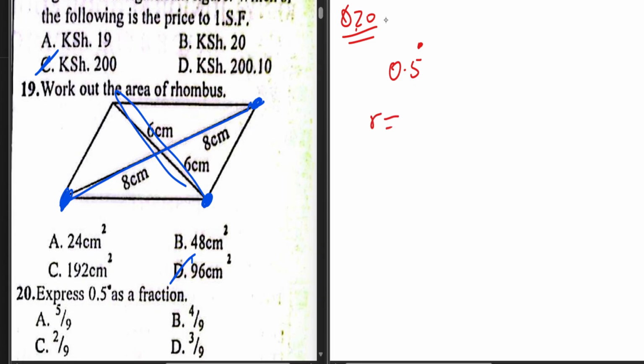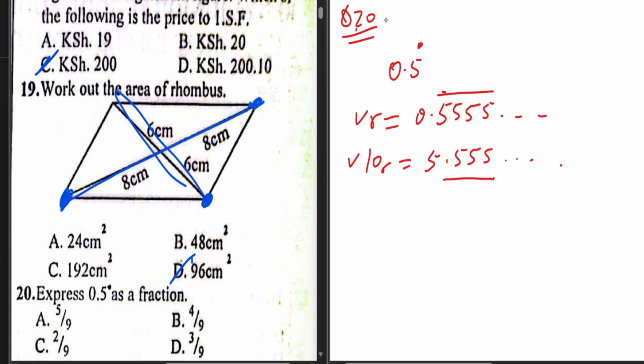So we say r to be 0.555 and continuing. Then therefore 10r is going to be 5.555 continuing. So we basically take this and this because the numbers following after the decimal are the same as the one at 10r. So 10r is equal to 5.555. r is equal to 0.555 recurring.